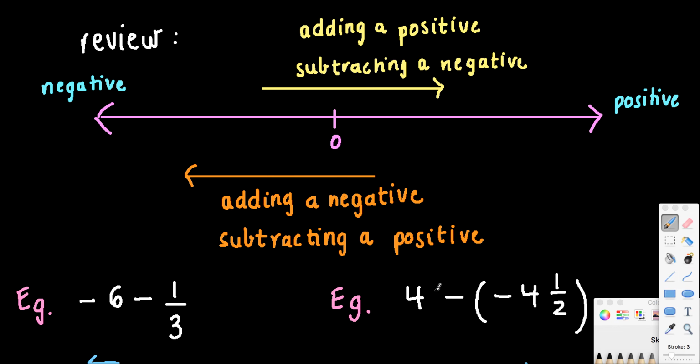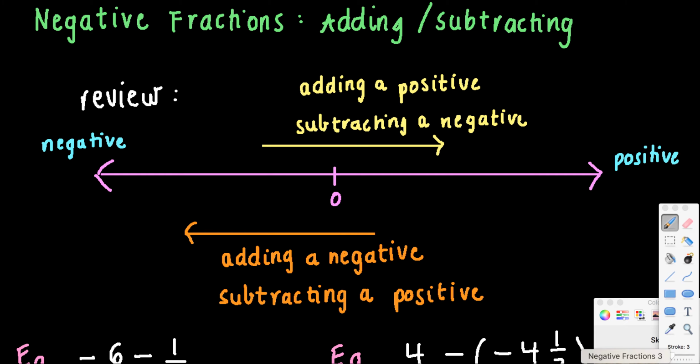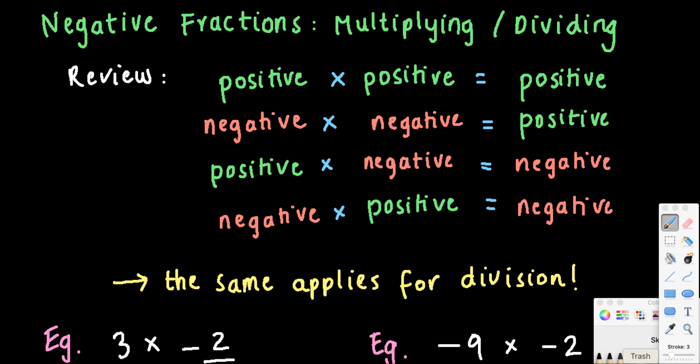What I'm going to do now is just a quick review of multiplying and dividing. Multiplying and dividing, I find, is a little bit easier, because with negatives you know what sign your answer is going to be just by looking at the question. You can't really do that as quickly with adding and subtracting.